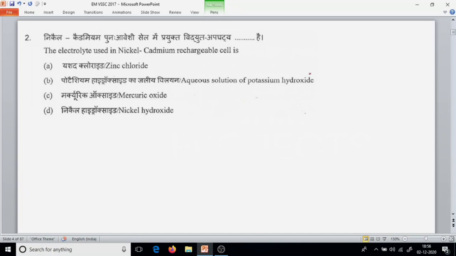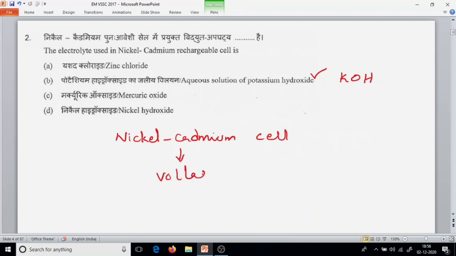That is potassium hydroxide, that is KOH. Now what is the voltage of nickel cadmium cell? It gives 1.2 volt.